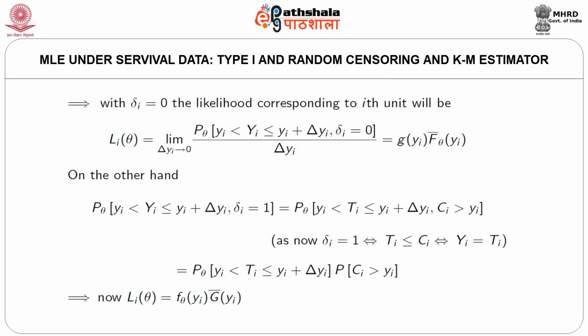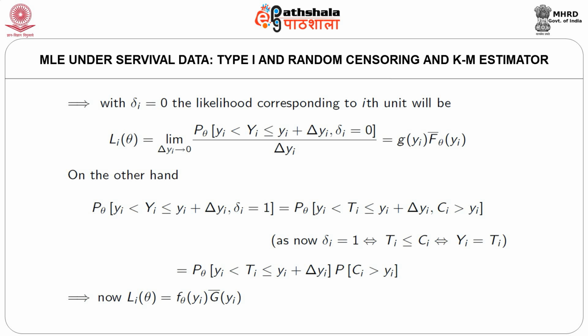Now delta i equal to 1 is equivalent to saying Ti less than or equal to capital Ci, and that is equivalent to saying yi equal to capital Ti. So this probability is now equal to the probability that Ti lies between small yi and small yi plus delta small yi, times the probability that capital Ci greater than small yi.